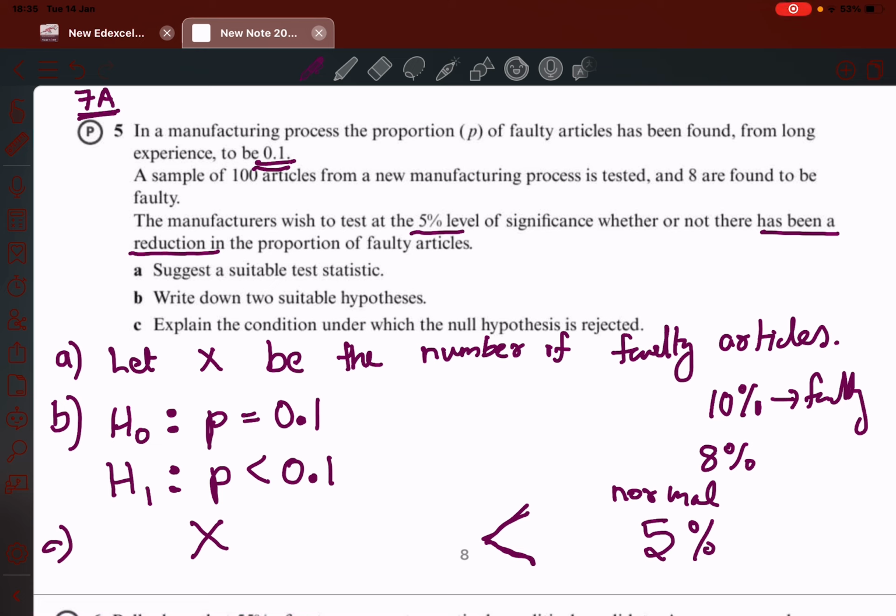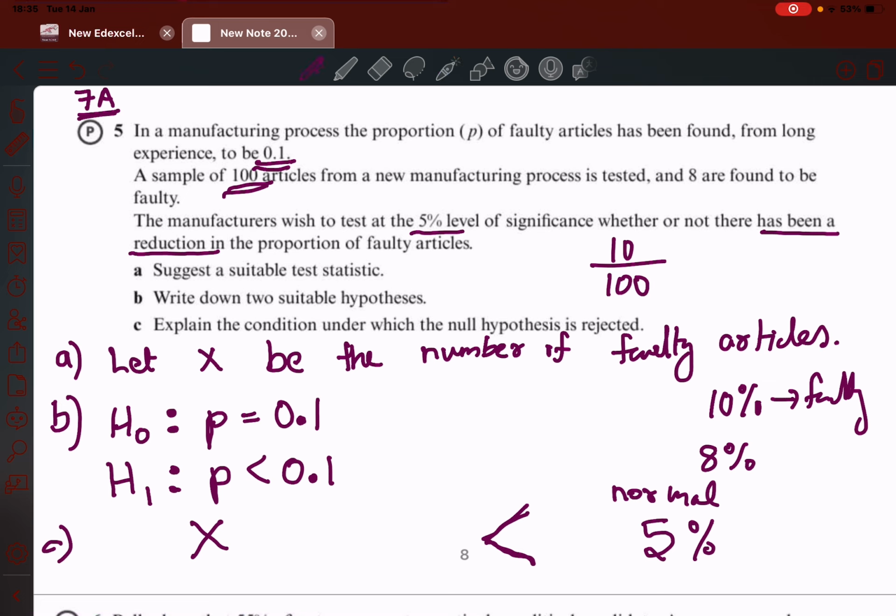So if we are testing 100 of them, what is normal? It is normal to get 10 out of 100 as faulty, because our claim is there is a 10% chance that you would be getting 10% of them as faulty.